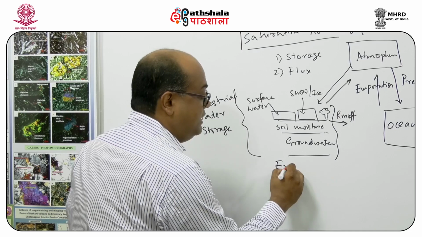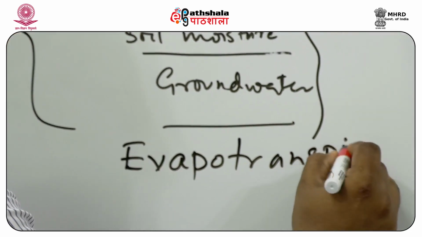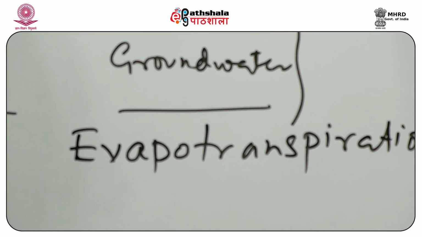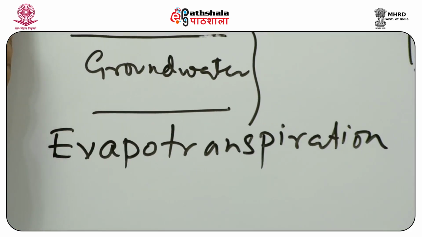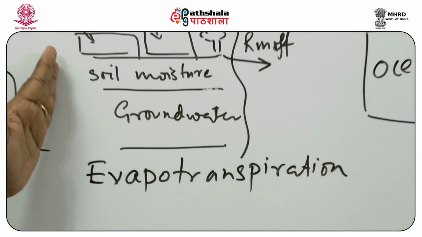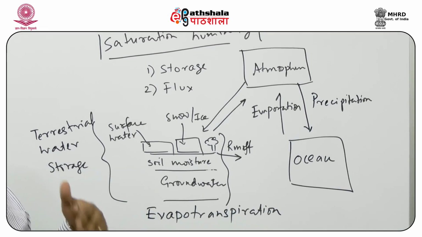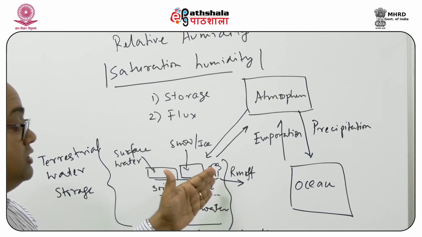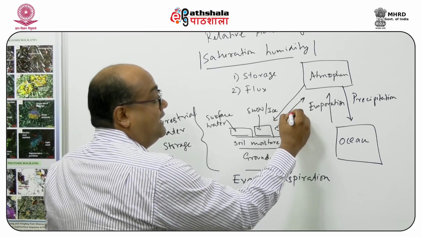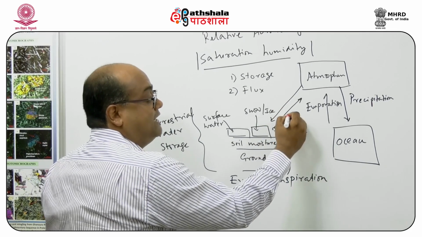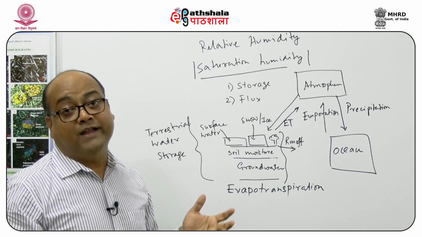So we often use the term evapotranspiration together. Evapotranspiration is a process occurring on the surface of the earth. Why? Because the earth's surface has water with a free surface, that means lakes, reservoirs, rivers, and it also has plants which transpire. So when we draw the flux from the land surface towards the atmosphere, we conveniently use the term ET or evapotranspiration.